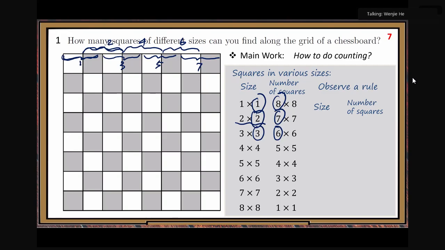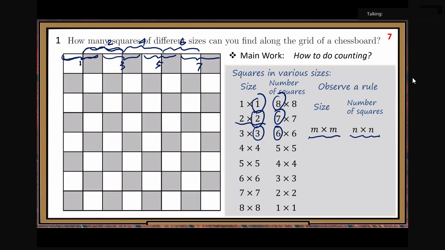In problem solving, we have a concept for this property. All right. So let's consider the general case. The size number, we use m by m to represent the size. Then the number of squares we write as n by n.